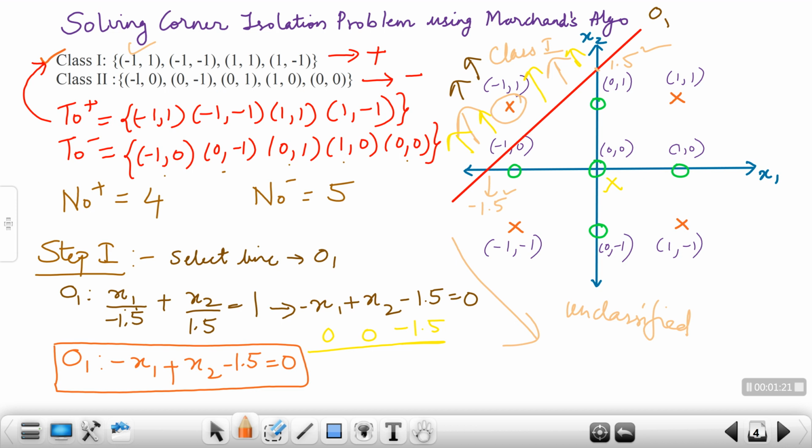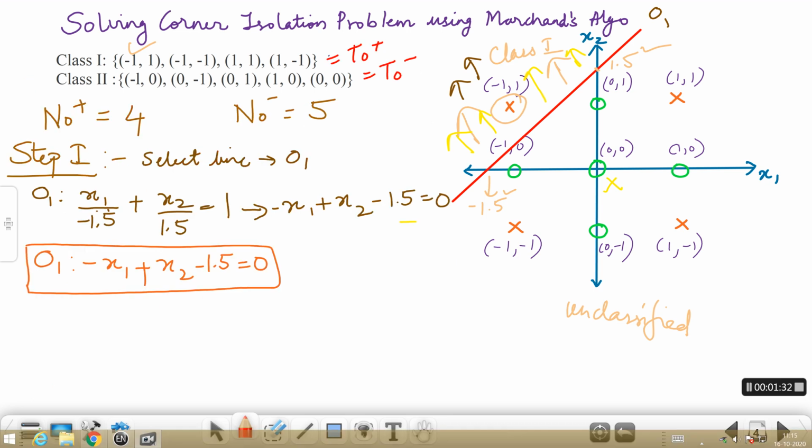Now we have to check what is classified and what is yet to be classified. After step 1 we will be getting T1 plus.